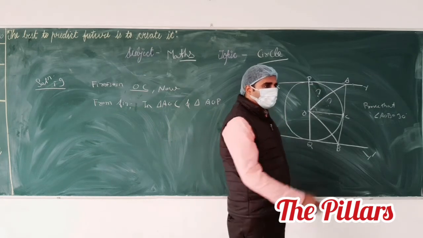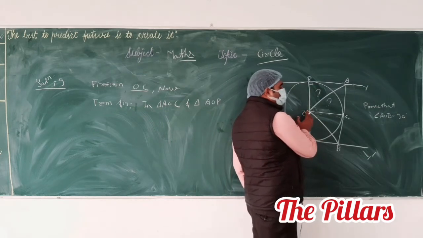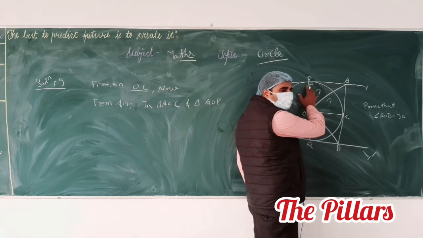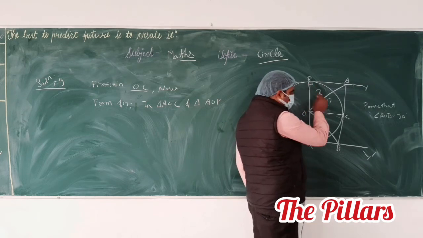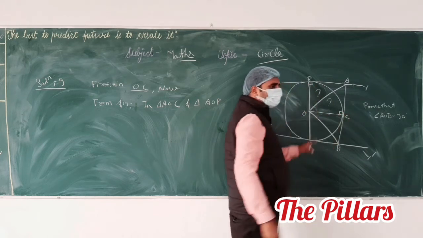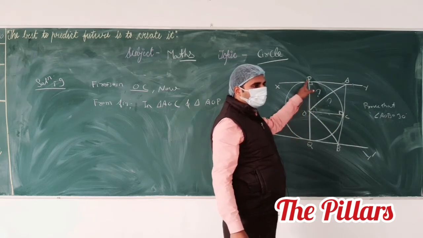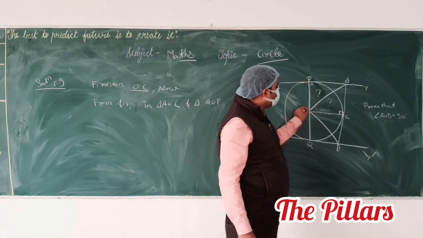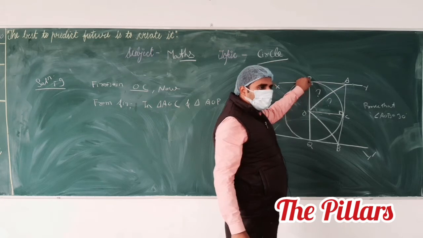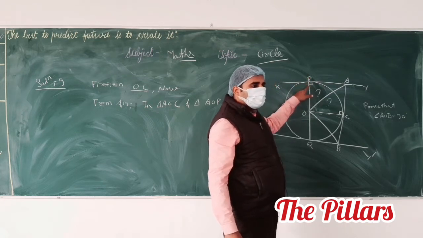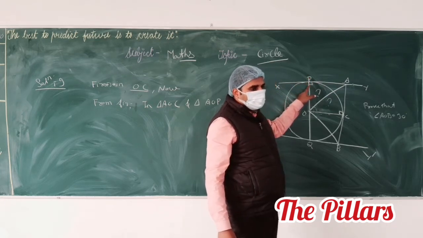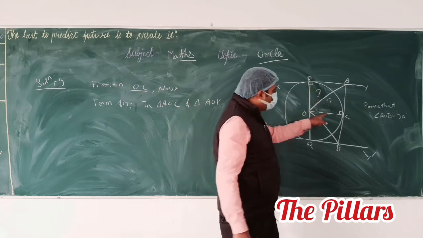At the point of contact, if we join the center of the circle to the point of contact, that is the radius, and it is always perpendicular, there is 90 degrees. This we prove in theorem number 1. Okay, and this is also 90 degrees.